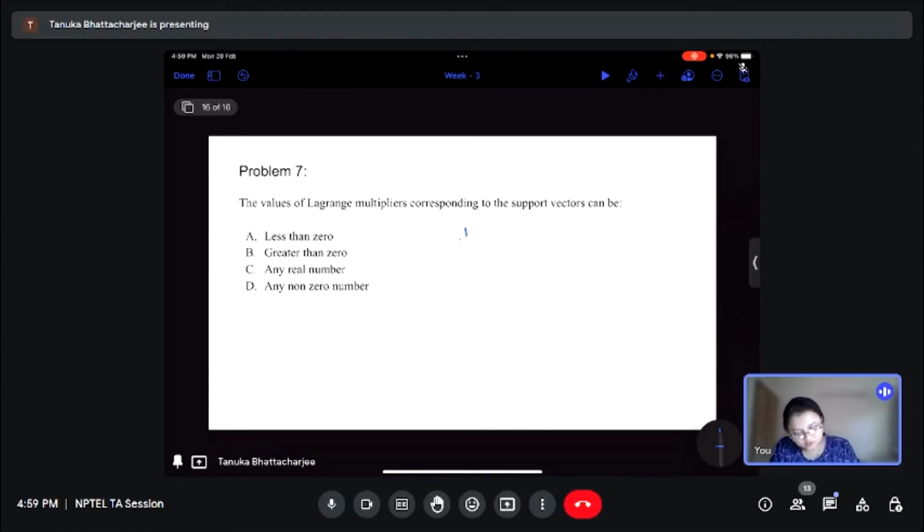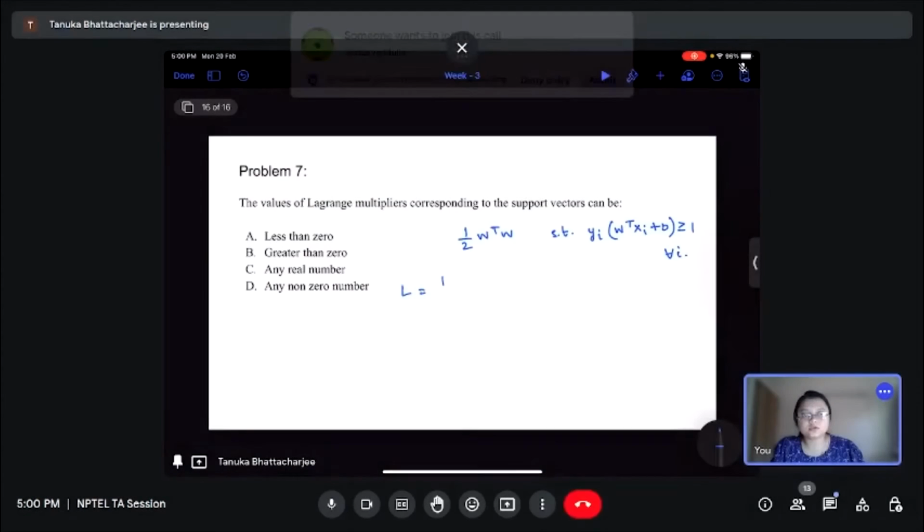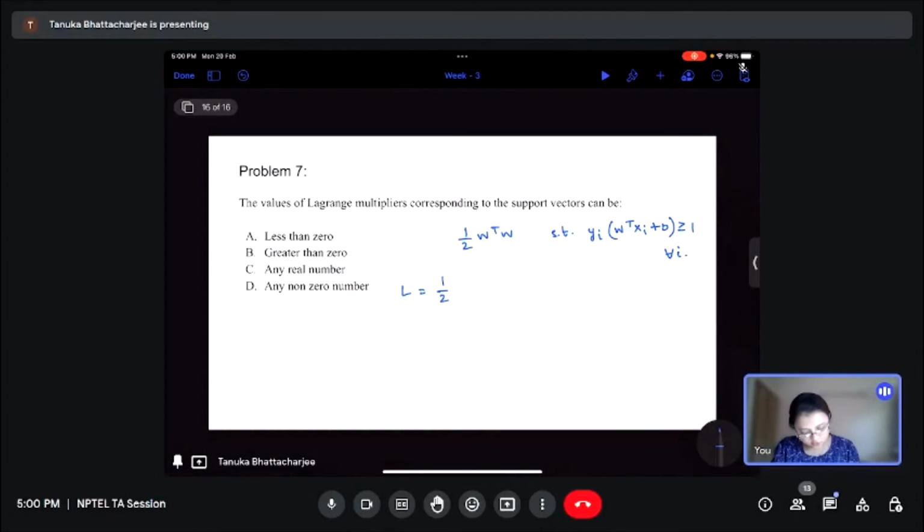Basically we have to minimize this, that is, maximize the margin, subject to the constraint that yi into W transpose xi plus b should be greater than or equal to 1 for all i. So we simply put that in Lagrange multiplier form, and this becomes our loss function.